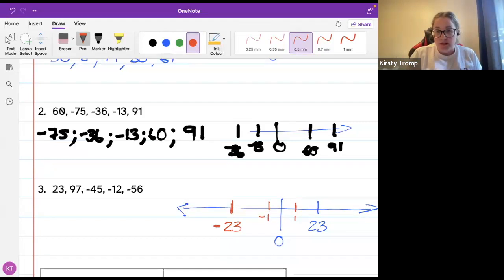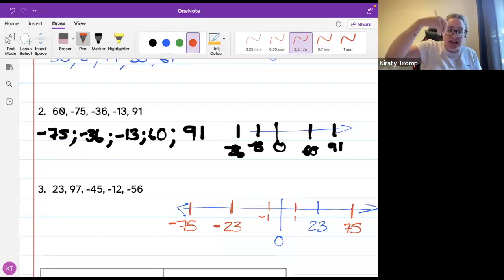Okay, so let's say the number 75 was here. 75 is a big number. I agree with you. It's the biggest number on this line. But the opposite of 75 would be sitting over here at -75. The opposite of the biggest number, 75, sits on the other side, and it would be -75. It would be the smallest number on that number line.